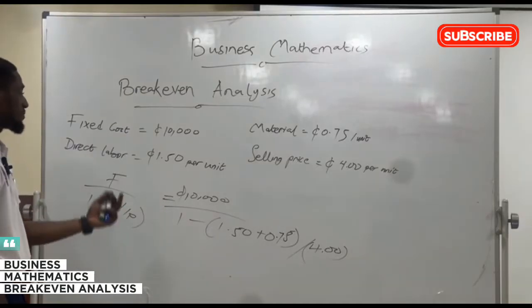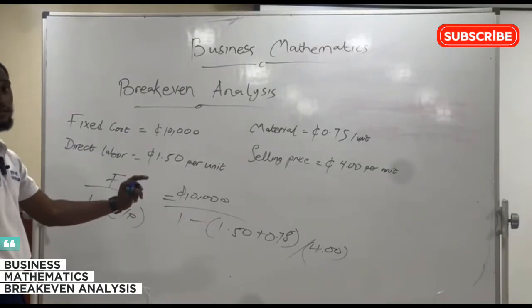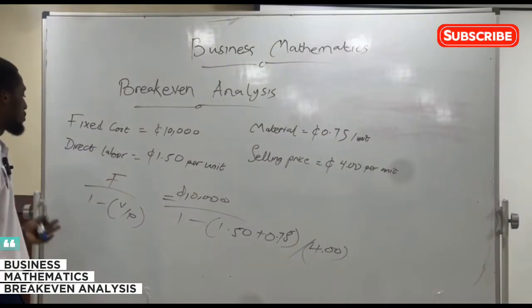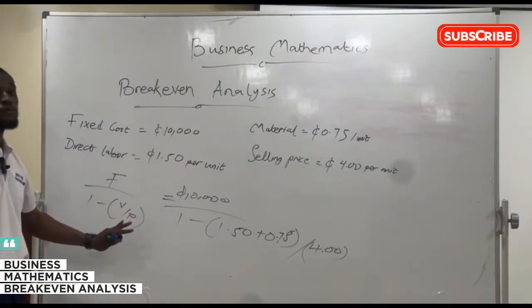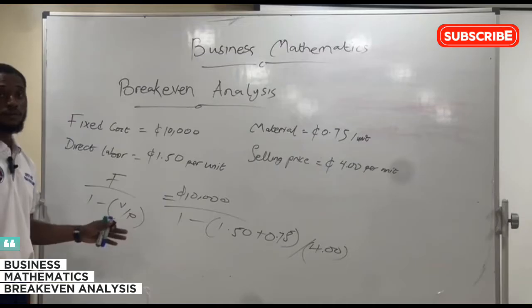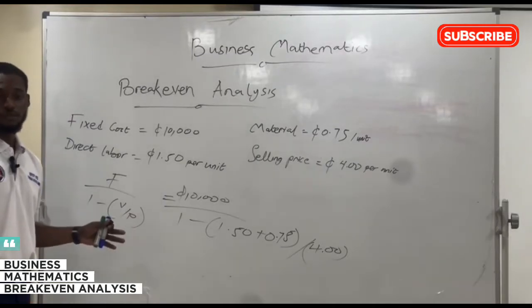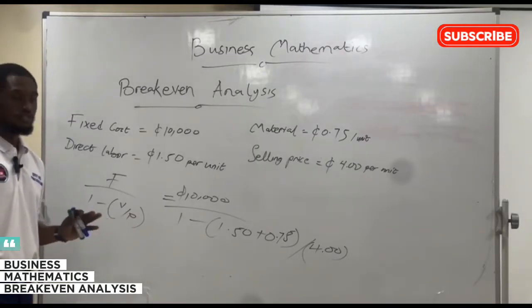Then we divide it by our selling price, which is our price per unit. This is how you go ahead to solve for value of sales at break even in monetary terms.